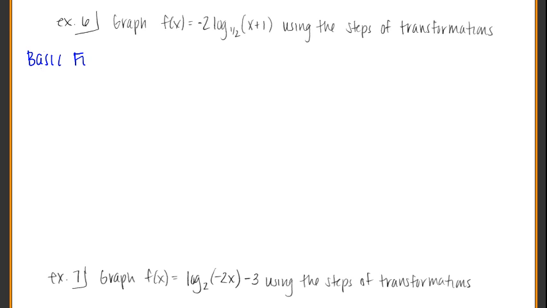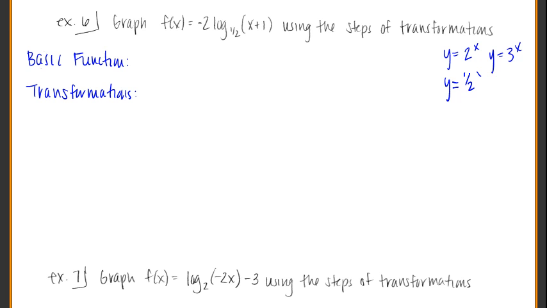Let's list off our basic function first, and then we're going to list off all the transformations. And let me list off all your potential basic functions. For exponential, your basic functions could have been 2 to the x, or 3 to the x, or 1/2 to the x, or 1/3 to the x.